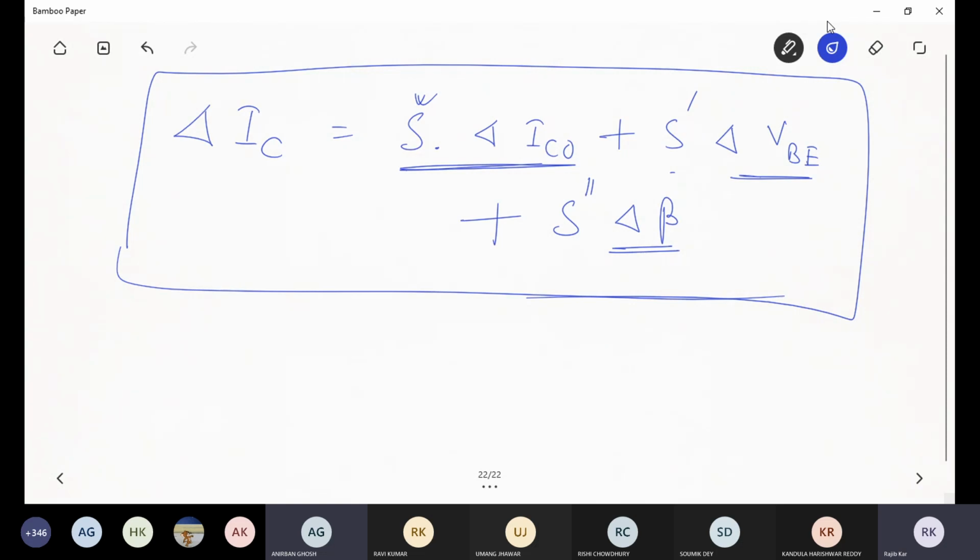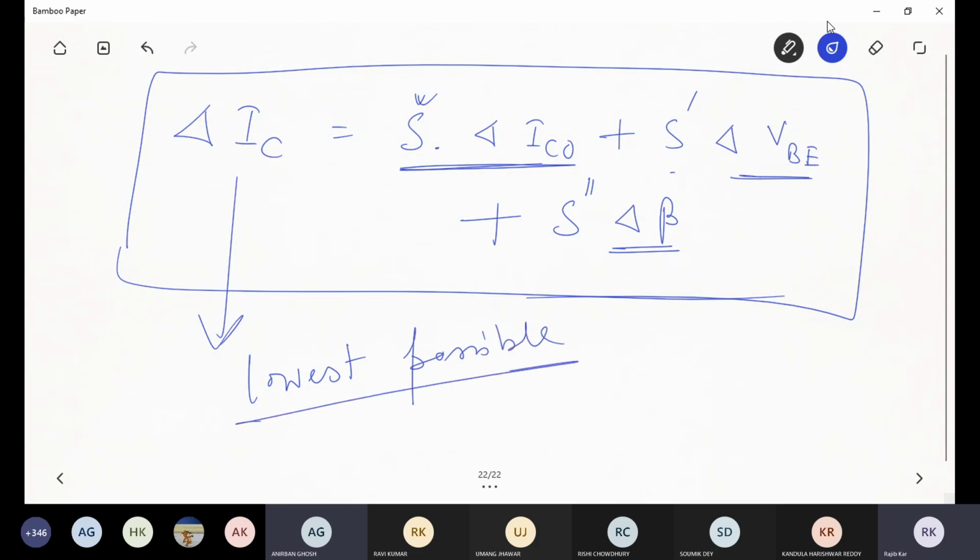And at the end I can say this collector current change should be lowest possible, to ensure that the DC operating point is fixed. The DC operating point I have been referring to means these two parameters, IC and VCE. Fixed means it should not move, it should not move on the y-axis or x-axis.